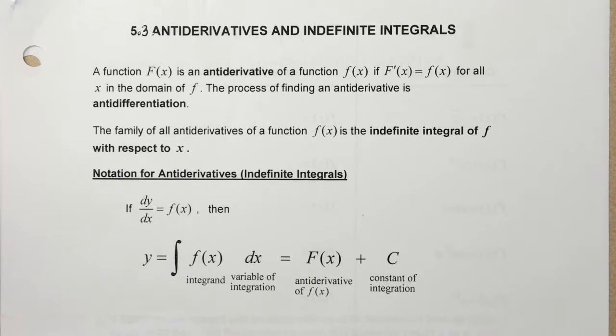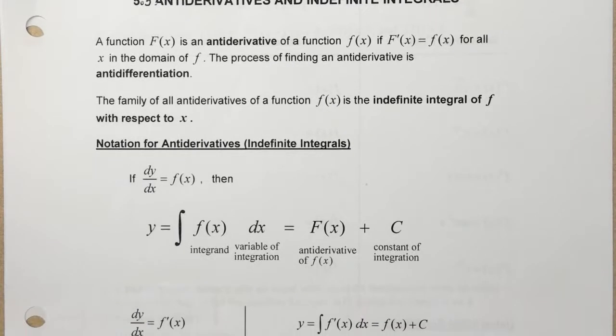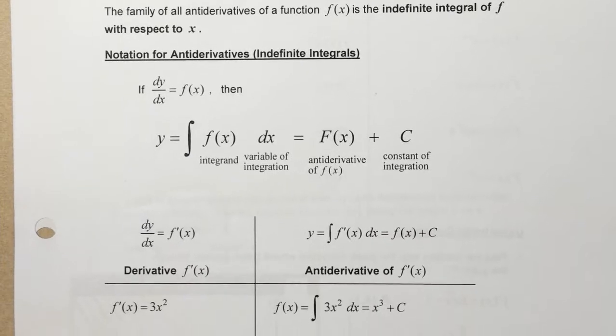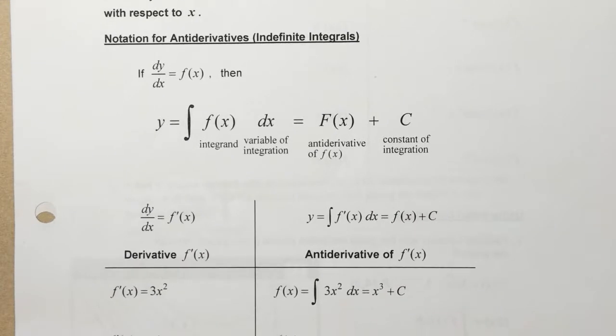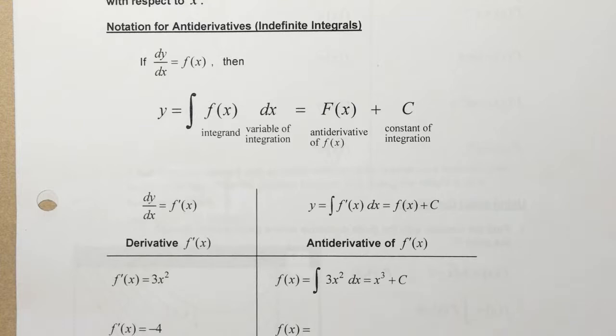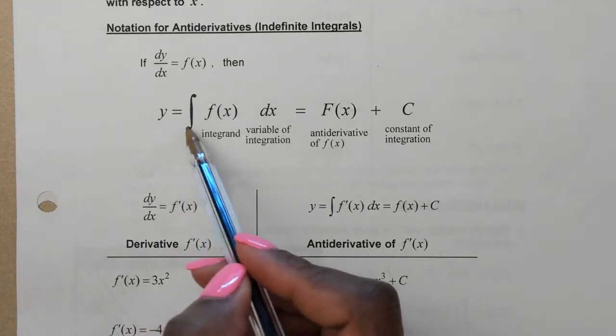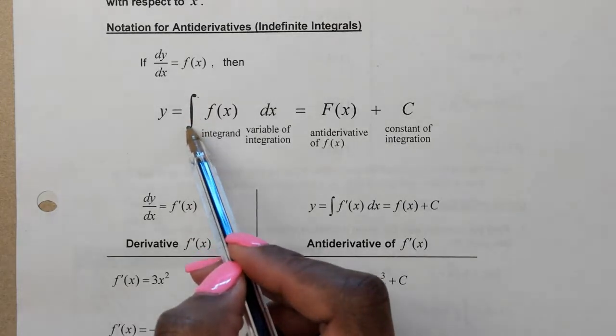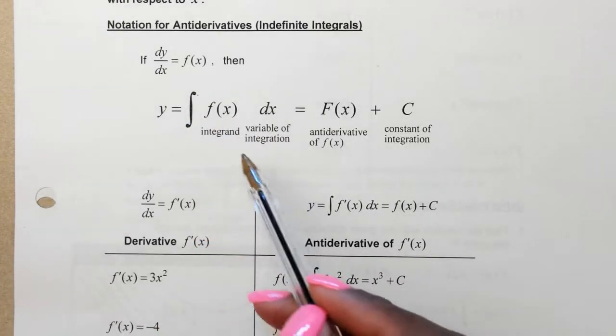So we talked about this a little bit in class today, but the antiderivative is basically the opposite of the derivative. So notation for antiderivatives, also called indefinite integrals. If dy dx equals f of x, then y is equal to the integral sign of the integrand.